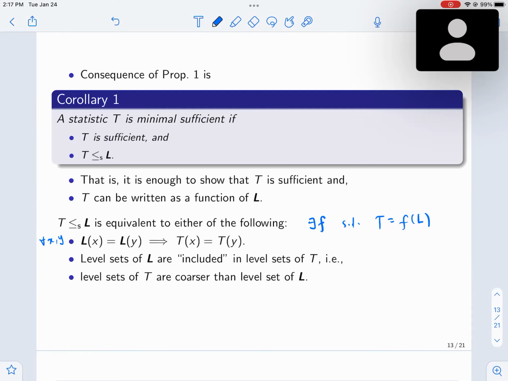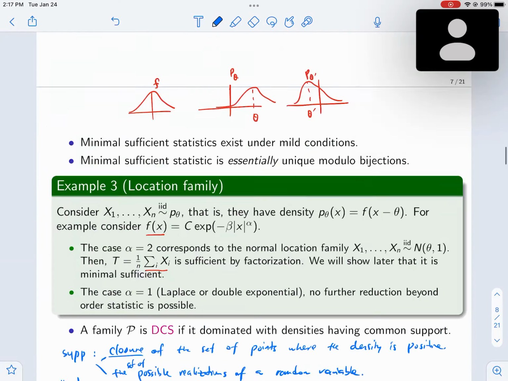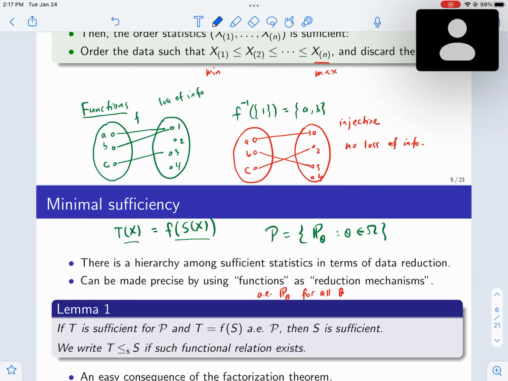So if you think a little bit about that diagram that I had, I'll let you think about this. There's a function from X to some place which is L, and then you want to go from L to T basically, or sorry, this would be T and then this would be L. So think about this.